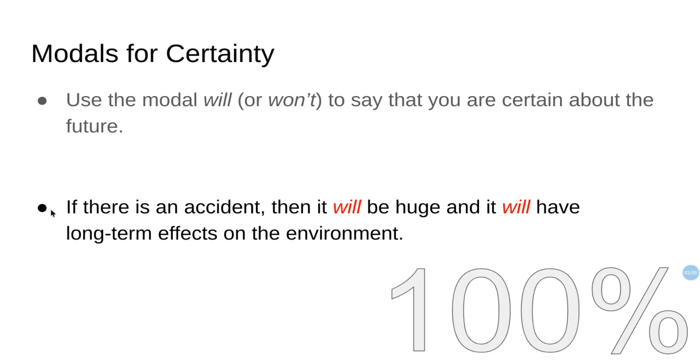The speaker states, if there is an accident, then it will be huge and it will have long-term effects on the environment. Is she guessing? No, she is 100% sure.